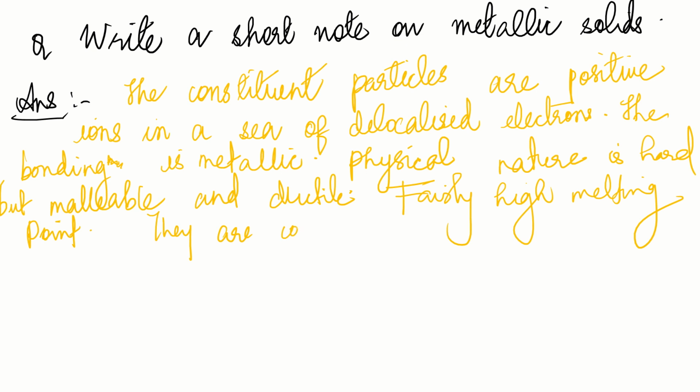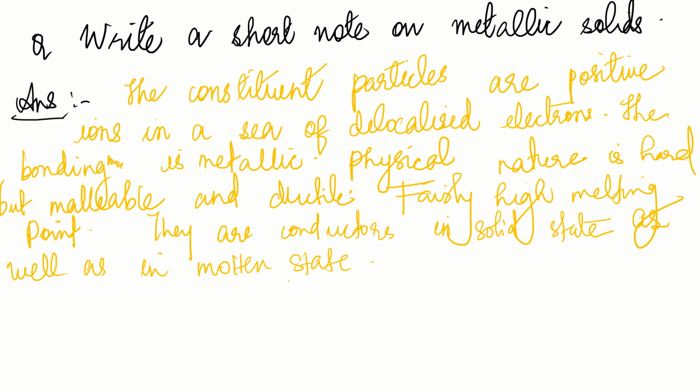They are conductors in solid state as well as in molten state. Some of the examples are silver, magnesium, copper, zinc, iron. Just write any metals. Okay, so write a short note on metallic solids. This is what you have to write, and the marks are yours.